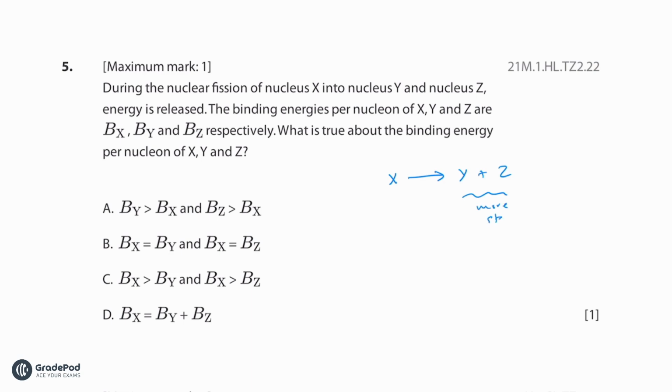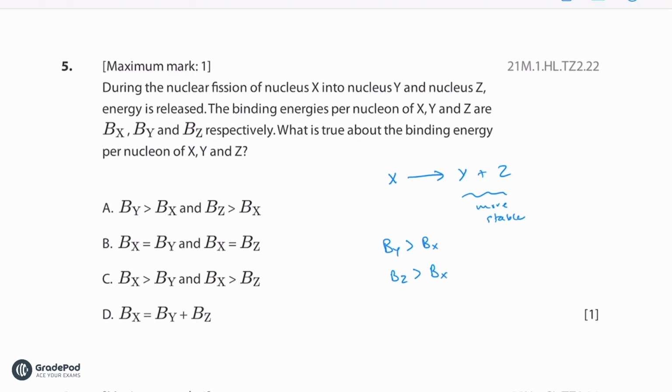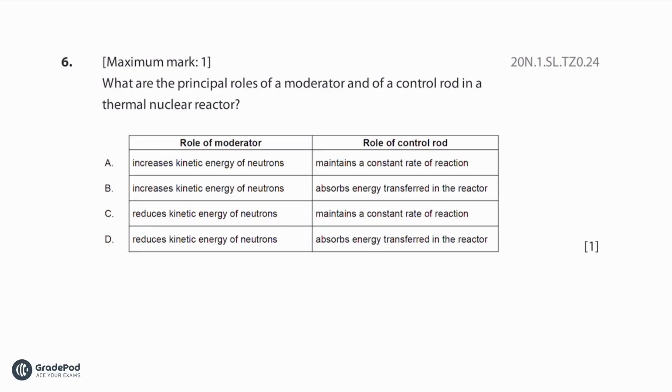They're not completely stable because they still are radioactive, but they're more stable than X. That means that the binding energy of Y is greater than the binding energy of X, and the binding energy of Z is greater than the binding energy of X. Let's see if we can use that information to answer the question. Oh, here we are, straight off. 5A is the answer.